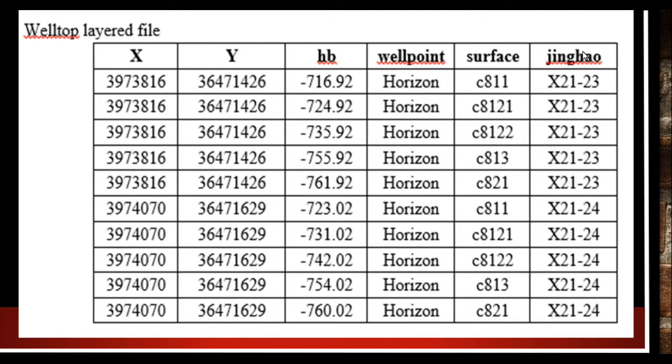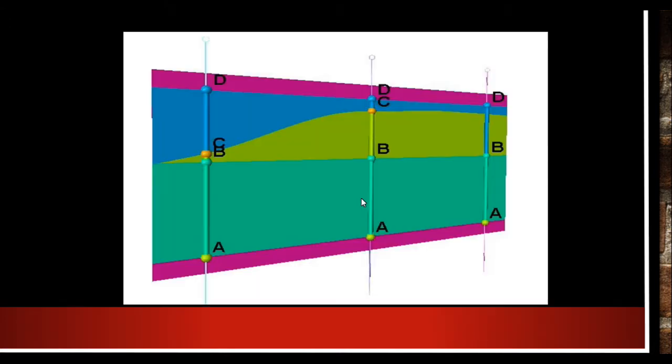So this is just an example to show you different varieties of data which show the well tops. Coming from here, you can see, for example, here we have well C, and we have all the other wells here. So you have a well top at D.